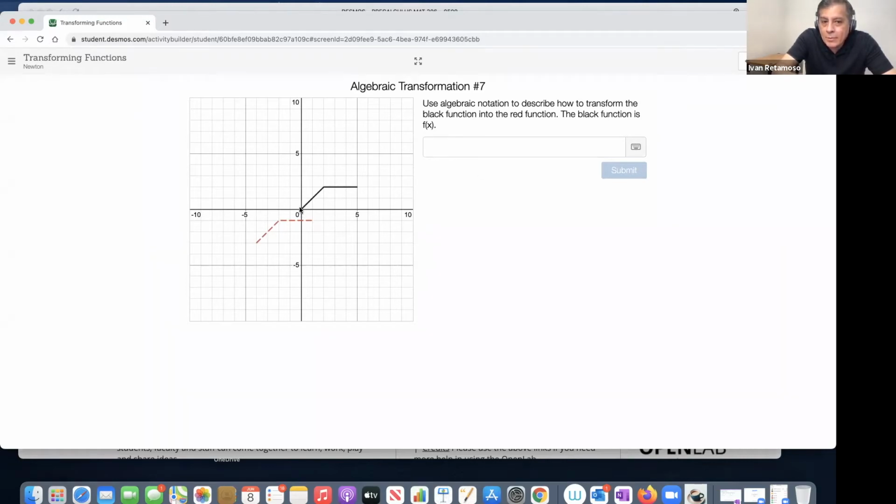Hint, look at this point, where this point ends up, and then try to translate it into transformations. Yeah, I see Jack. You got it, Jack. Very good. Excellent. Savannah, also great. Lucero, excellent. Very good, guys. I think you have mastered this topic of transformations. Excellent.